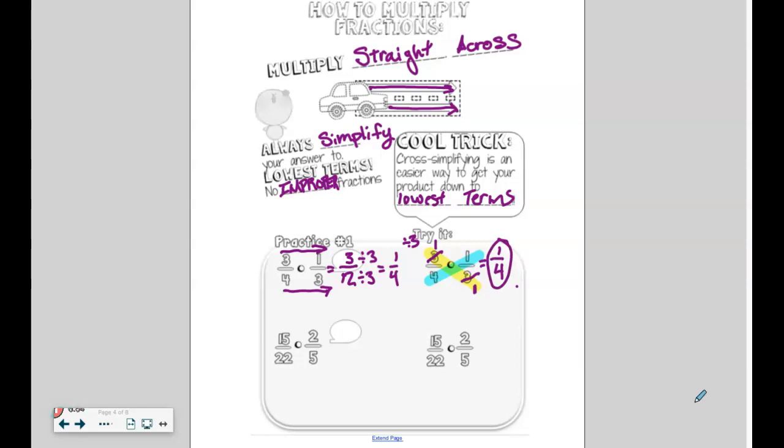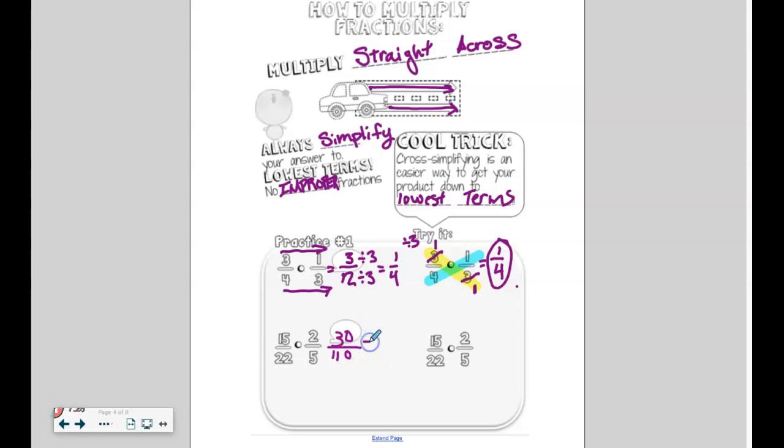So let's look at it again. If we have 5 times 15, or 15 times 2, we would get 30. And then we have 5 times 22. So 5 times 2 is 10. 5 times 20 is 100. 100 plus 10 is 110.